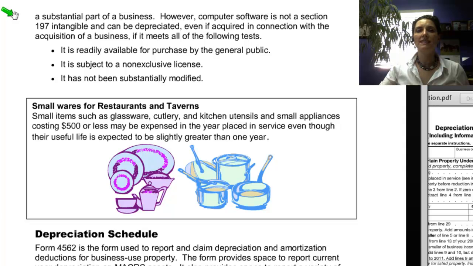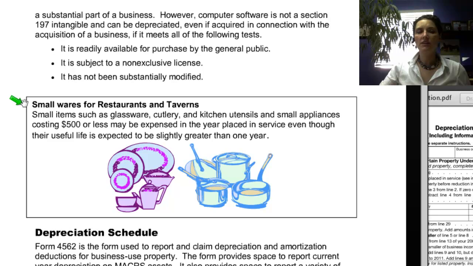However, computer software is not a Section 197 intangible and can be depreciated even if it is acquired in connection with the acquisition of a business if it meets all of the following tests, including it is readily available for purchase by the general public, it is subject to a non-exclusive license, and it has not been substantially modified. So an example of off-the-shelf computer software would be Windows software or QuickBooks software. Those are off-the-shelf software.